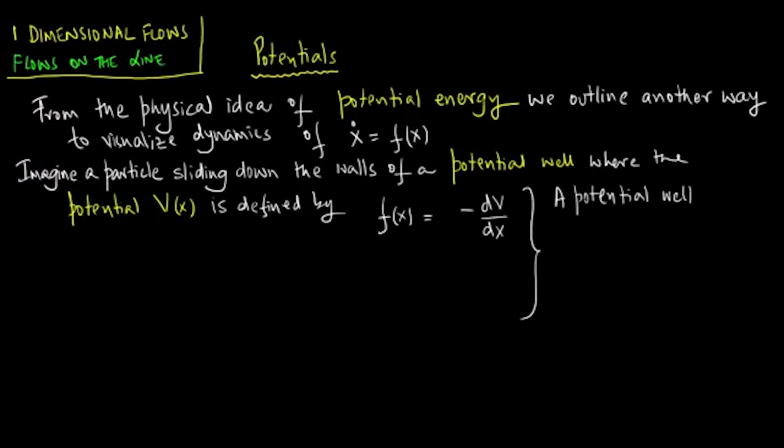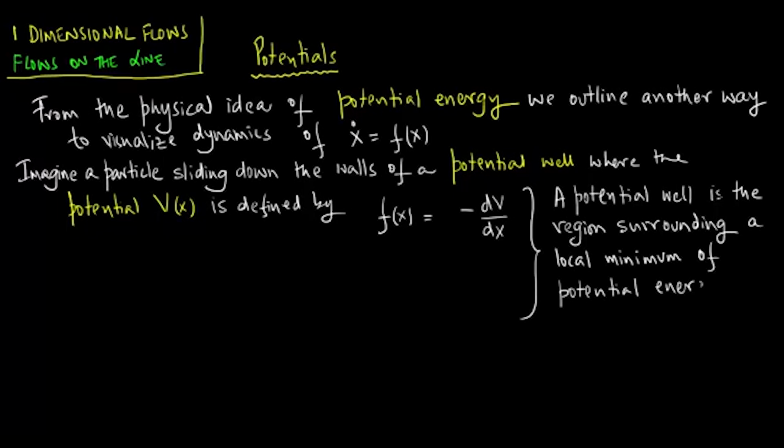A potential well is the region that is surrounding a local minimum of potential energy. So let's make a simple-minded plot of V of x versus x. That's your potential well. We highlight the particle and the direction in which it's moving.